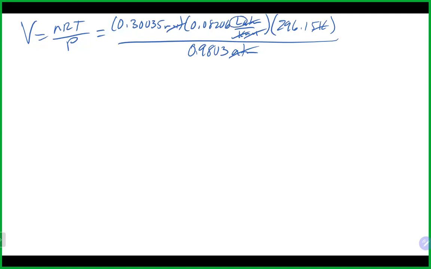Moles cancel, leaving us liters. That gets us a volume of 7.45 liters of CO2 was produced in this case.